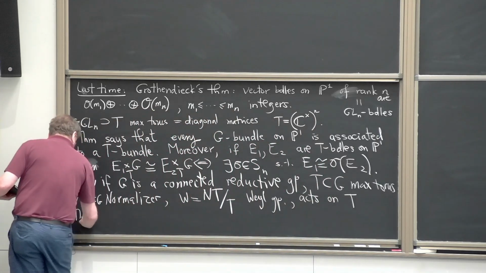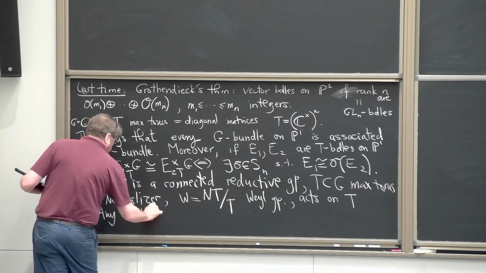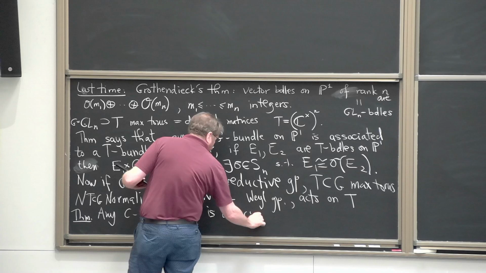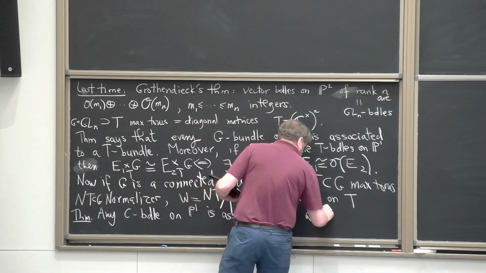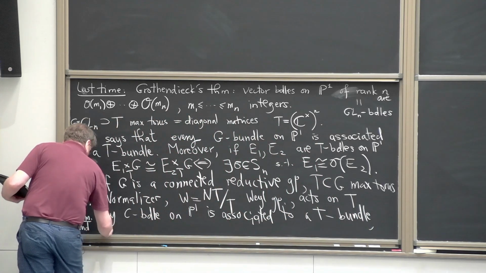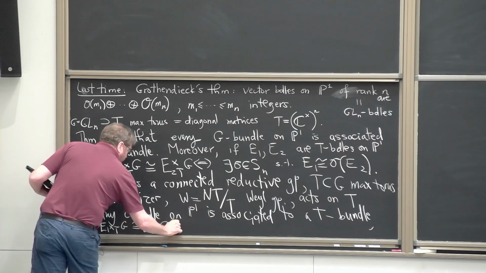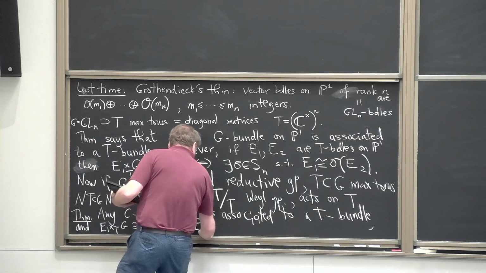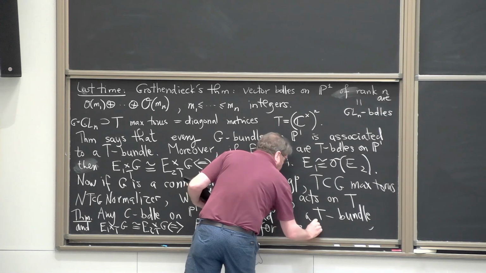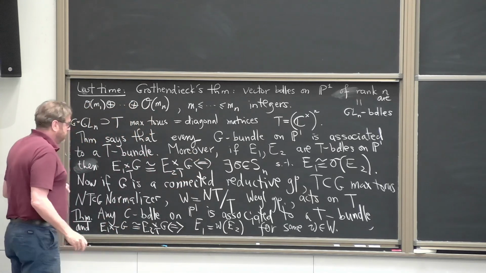And the theorem says that any G bundle on P1 is associated to a T bundle, and the same thing is true: E1 times T G is isomorphic to E2 times T G if and only if E1 equals w of E2 for some element w of the Weyl group. For GL_n, the Weyl group is the symmetric group, and so it reduces to this statement.